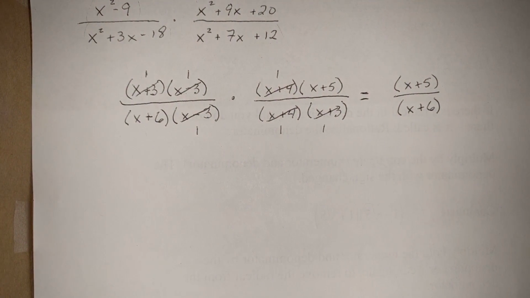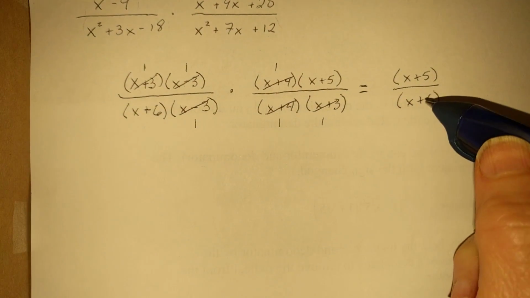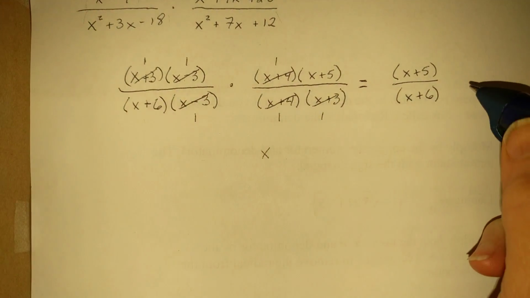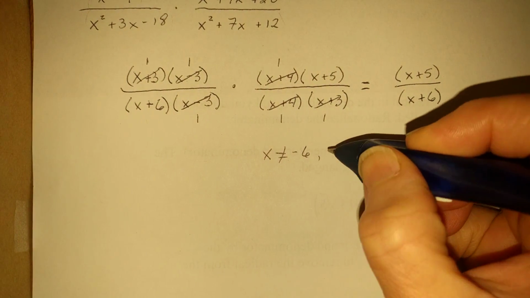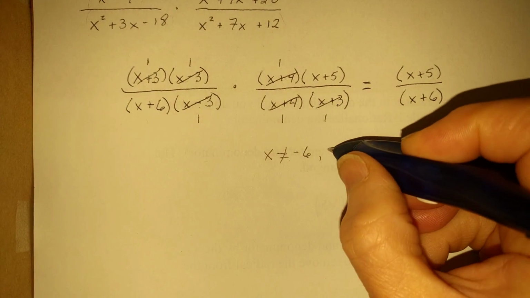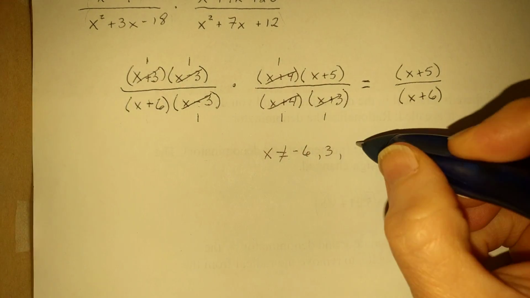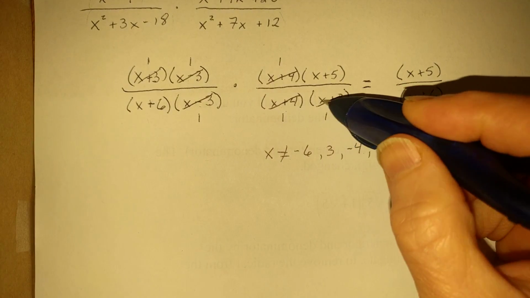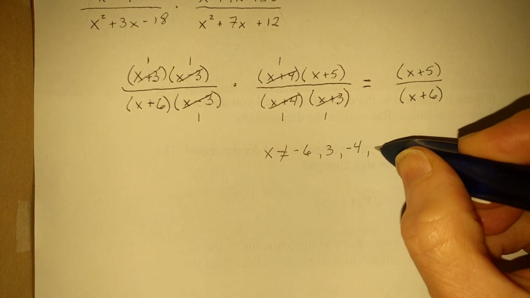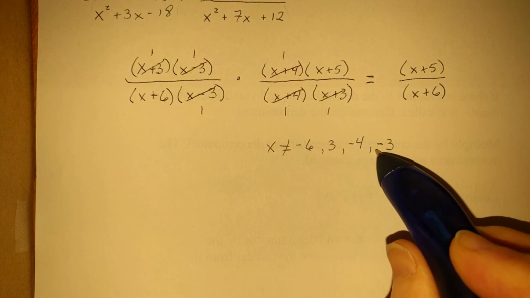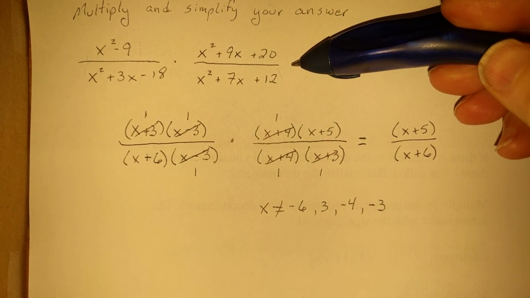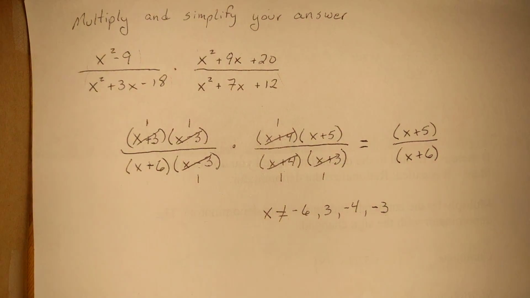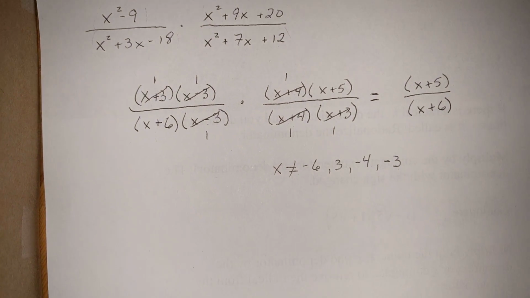I'm also going to give you the restrictions on the x, restrictions in the domain. So x can't equal negative 6, obviously, but also x can't equal 3, x can't equal negative 4, and x can't equal negative 3, because any of these terms would mean I was dividing by 0 up here in my original expression, and I can never divide by 0.